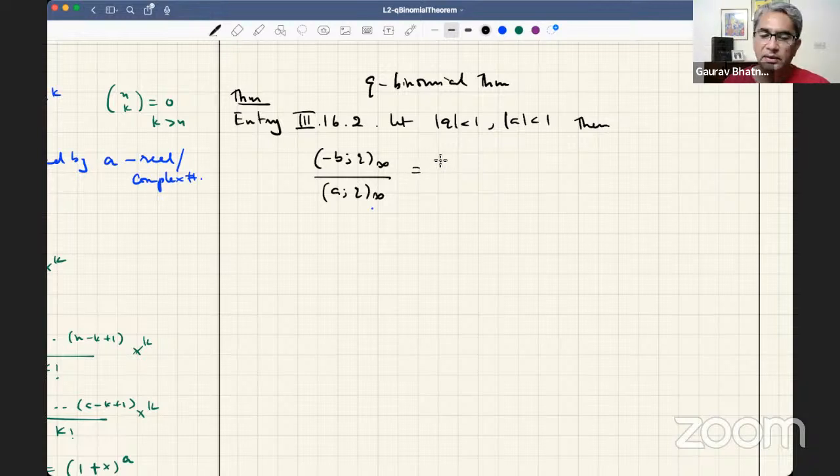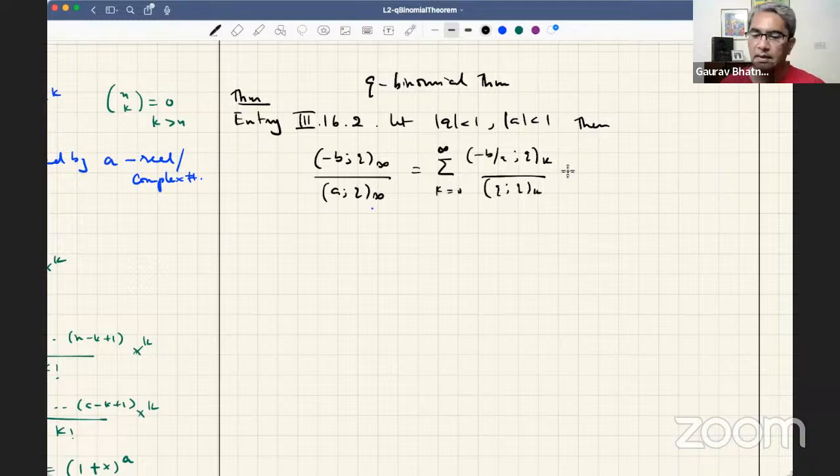This is how it's stated in Bruce Berndt's book and by Ramanujan. Ramanujan didn't use the q rising factorial notation, but he had it like this, with a raised to k.